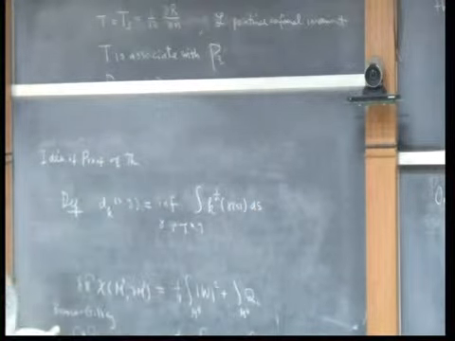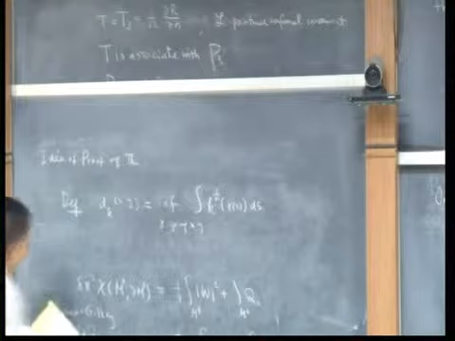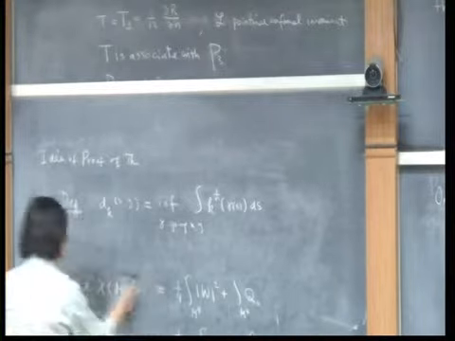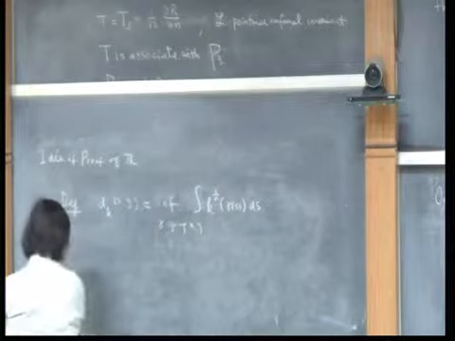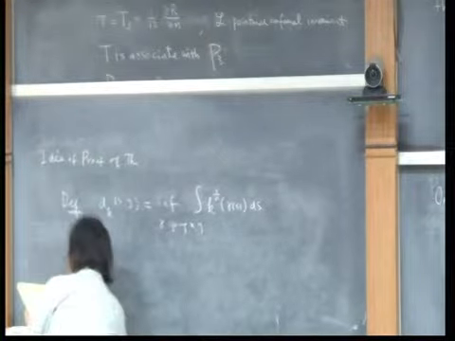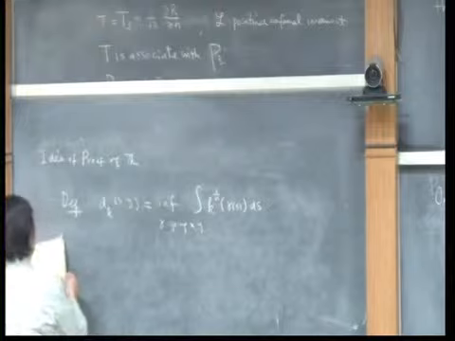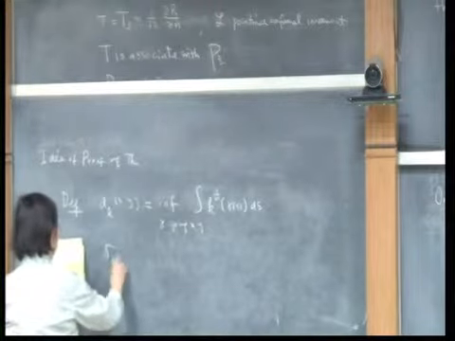So that's one distance function, the distance in k. And then they talk about another type of distance function, which they call delta_k(x,y).